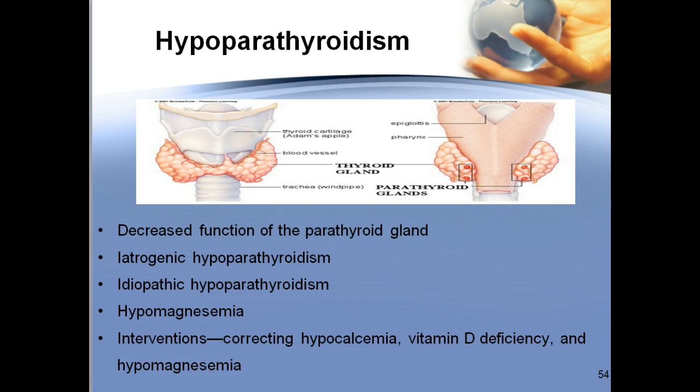You want to look at the signs of tetany that I told you, like the Trousseau sign and Chvostek sign. You want to look at their teeth and see if there was any enamel loss, and then you're going to perform diagnostic tests like labs, EEGs, and CT scans. You're going to get the serum calcium, phosphate, magnesium, vitamin D, those types of things.